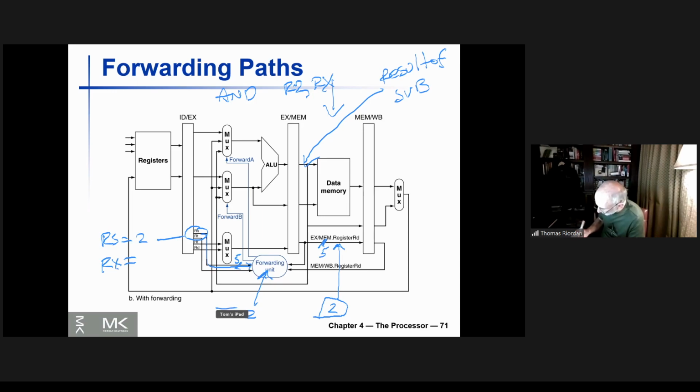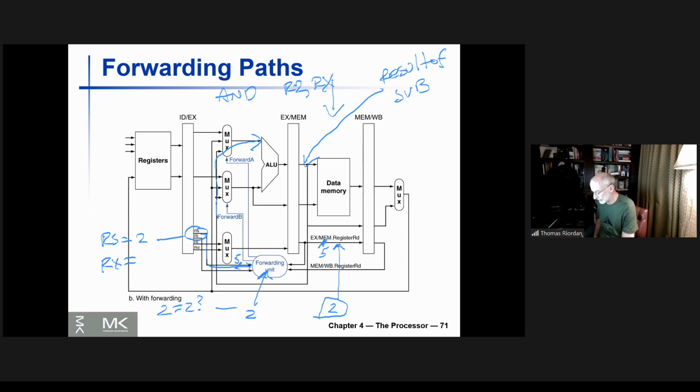And what we're going to do is just a compare. So we go, does 2 equal 2? We're just asking, does this 5-bit value match this 5-bit value? And if it does, that's what's going to cause us to flip this mux to take in this value.